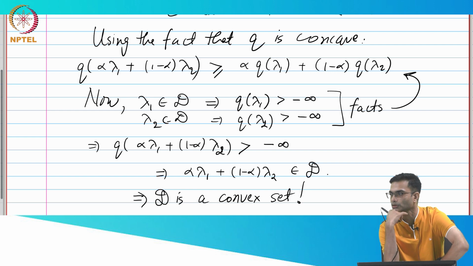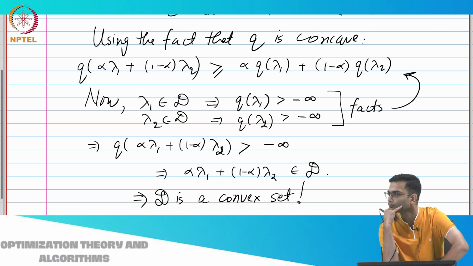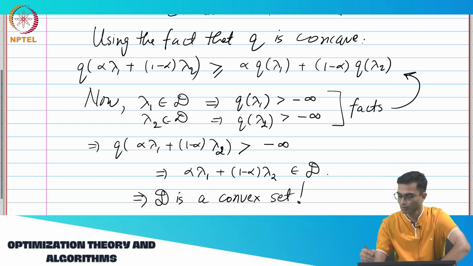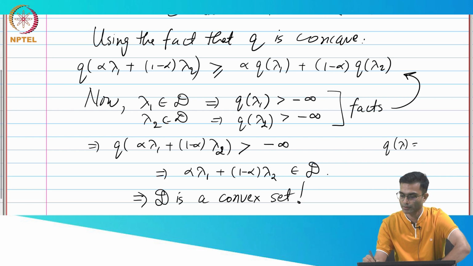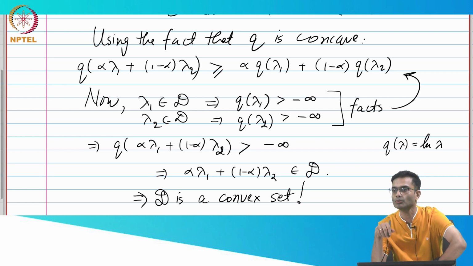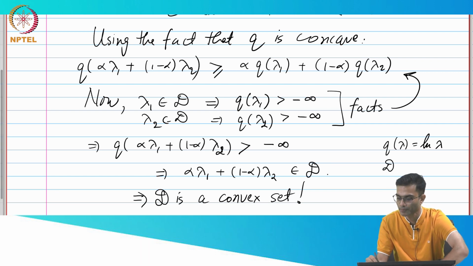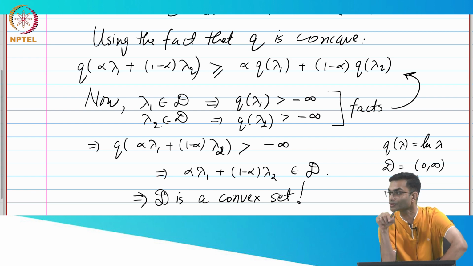For example, if I ask you what is log x at 0, it's not a number, right? Supposing Q of lambda were equal to log of lambda in some problem, what is the domain of Q? The domain would be the open interval 0 to infinity, because 0 is not allowed.